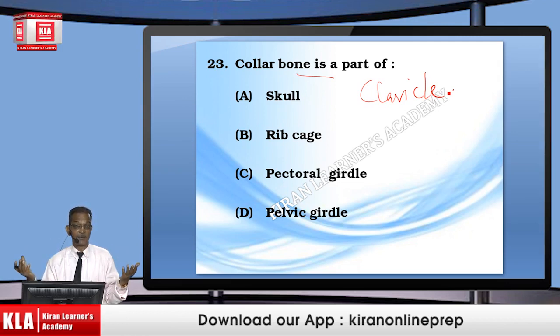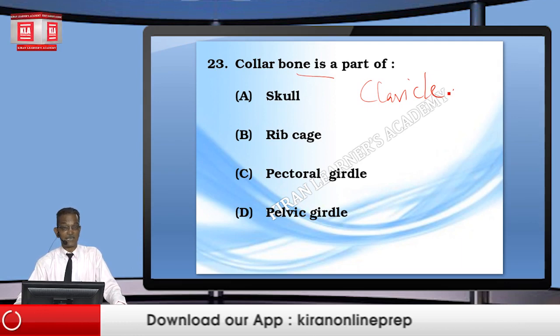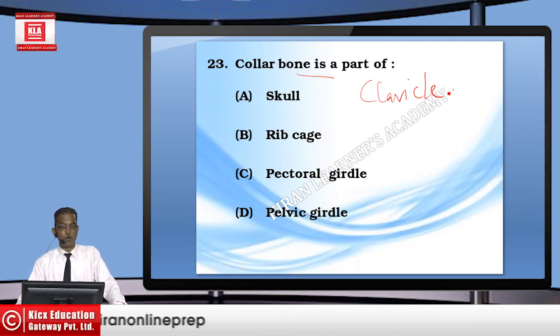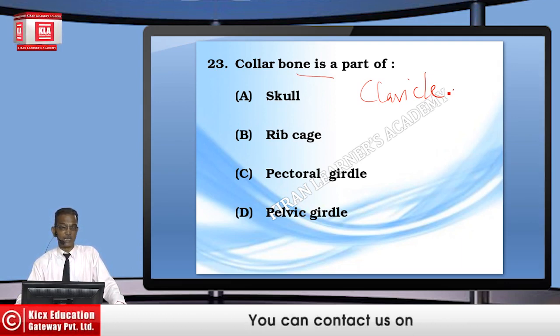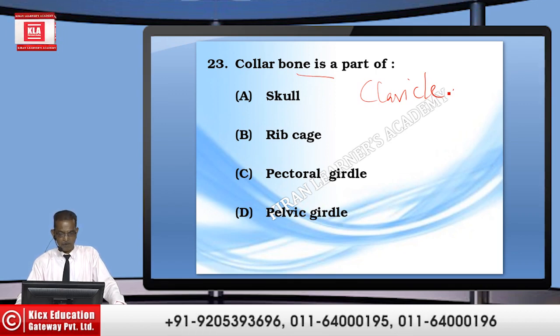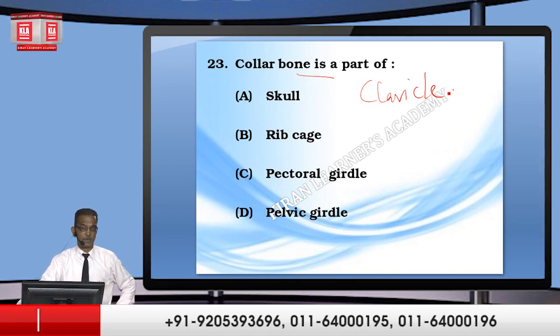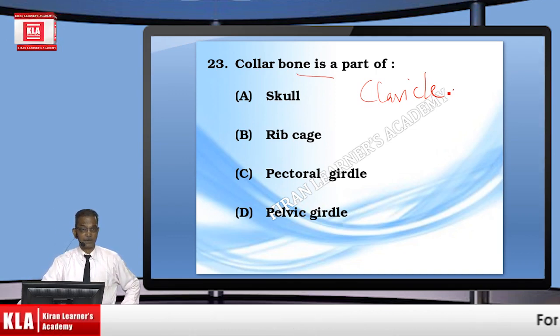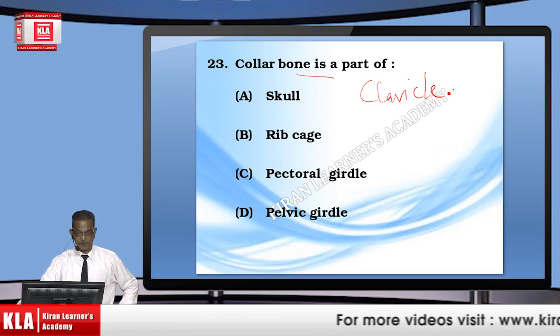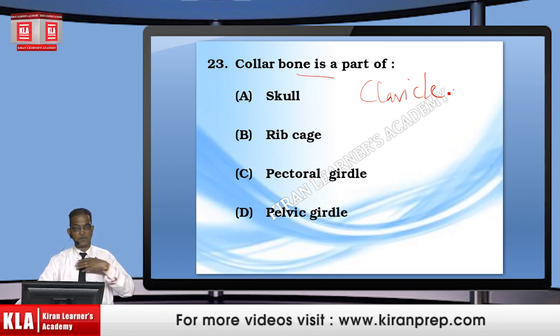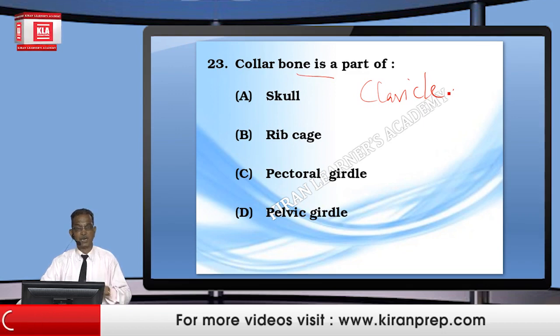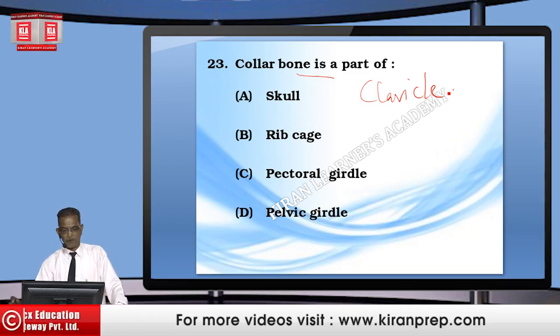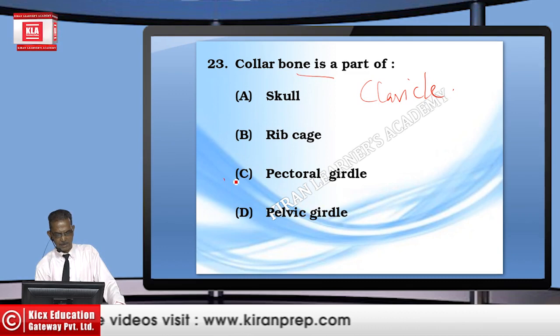Either way around, you can understand it. Now, what shall we consider it as? A part of the skull, or a part of the pectoral girdle? Pelvic girdle it can't be. It is somewhere down in the body, after the vertebrae. Ribcage starts after this. Skull is above it. And hence, it is a part of the pectoral girdle.